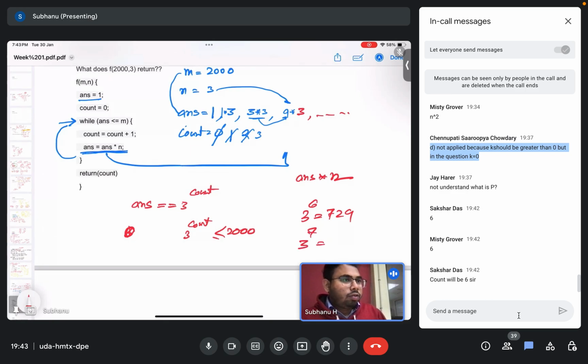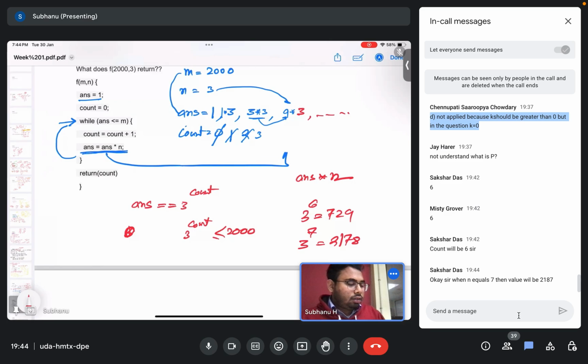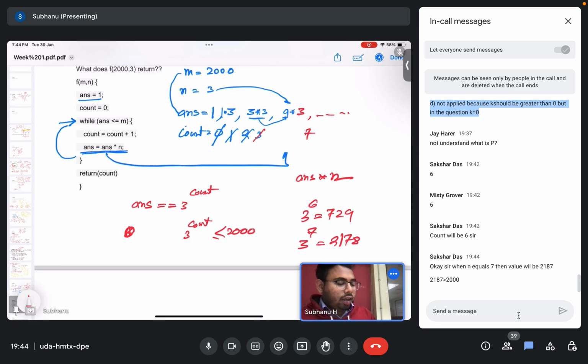It will be 2178. So it will run till count value is 7, and only then does the function return.